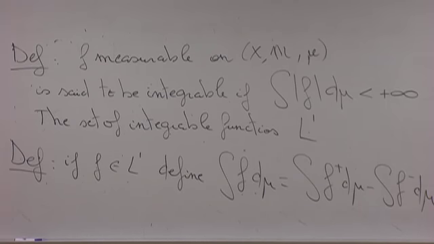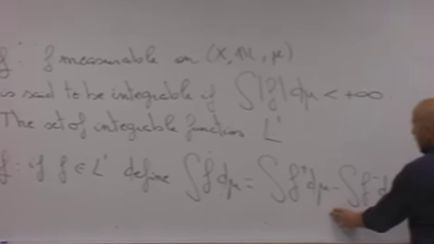Now, for this to make sense, we need to check something. What do we need to check for this definition to make sense? That we don't get infinity minus infinity, because this is one thing we don't know how to deal with. So we need to check that.